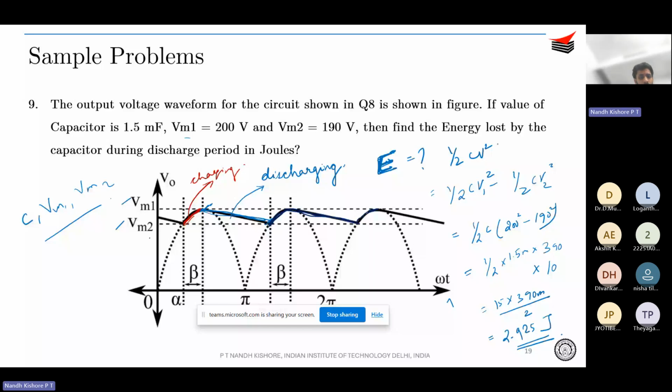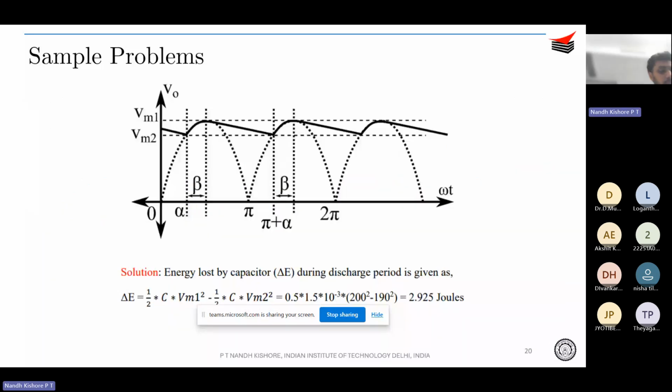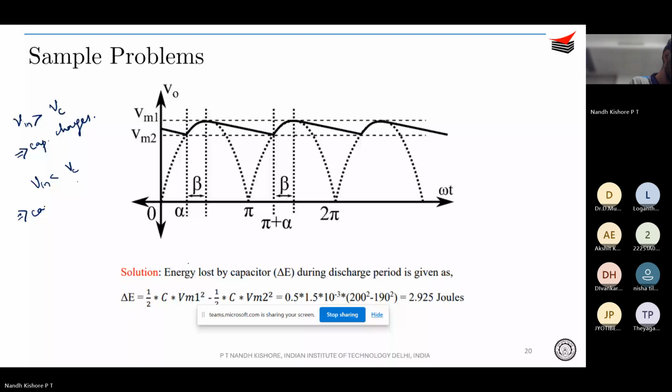Okay. I think this has been taught in the lecture as well. If Vin is more than your capacitor voltage, then the capacitor charges up, that is the charging period. If Vin is less than your Vc, then the capacitor discharges into the load.